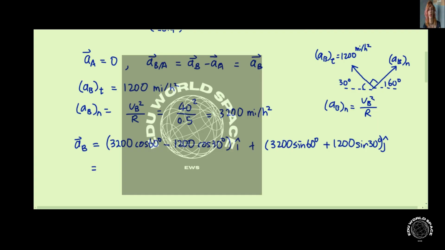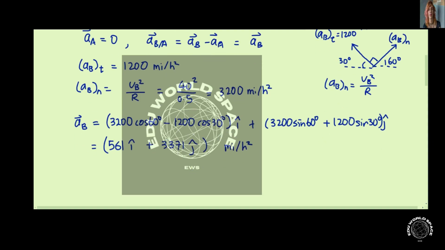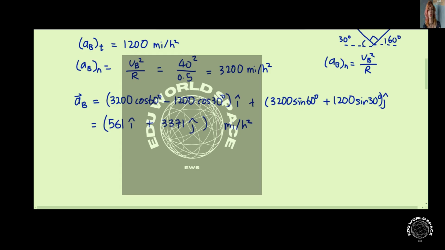Calculate the numbers out. You get 561 i hat plus 3371 j hat miles per hour squared.